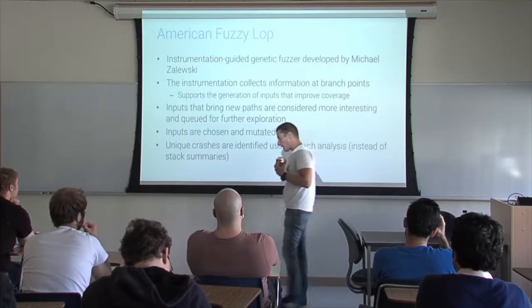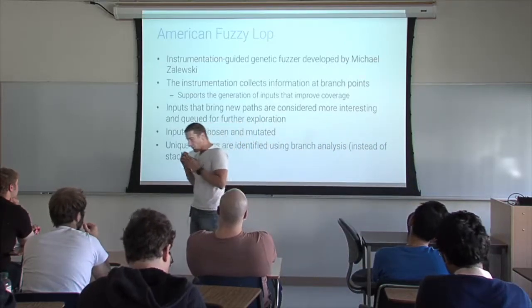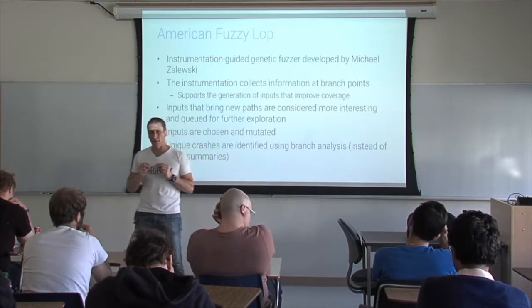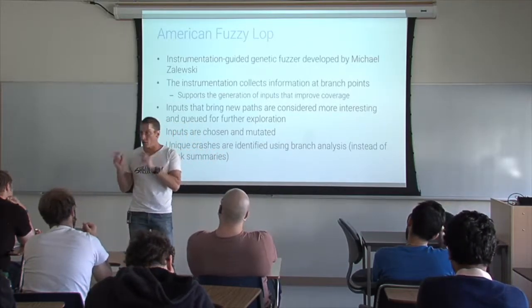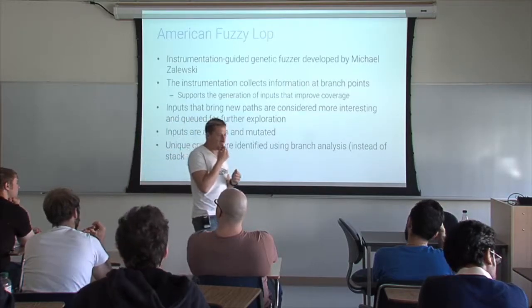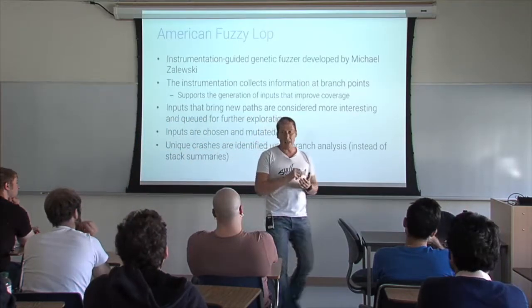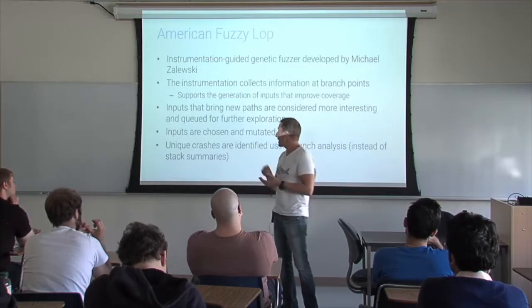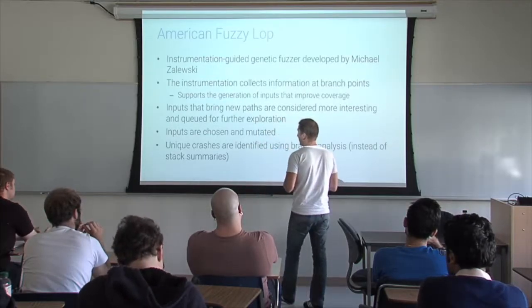The basic idea behind this was very simple but extremely effective. You take the code of a program, you instrument it so that you record every transition from point A to point B, okay?